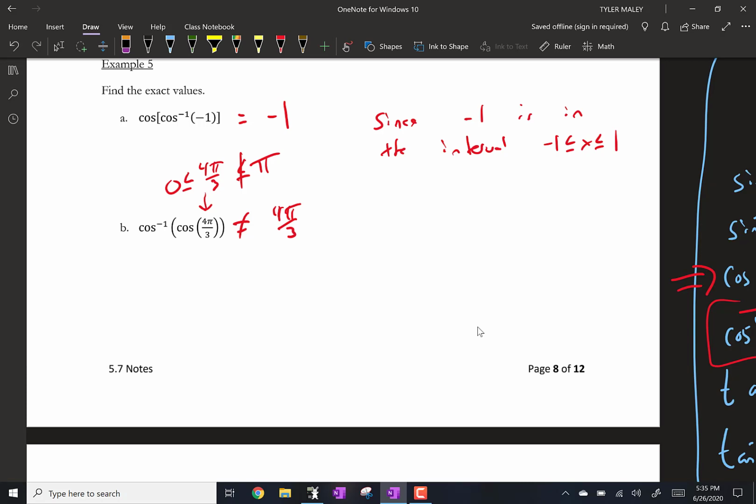What we can do is think of what cosine of 4 pi over 3 is equal to, and then plug it in and keep evaluating. On the unit circle, 4 pi over 3 would be here, where this is pi over 3.